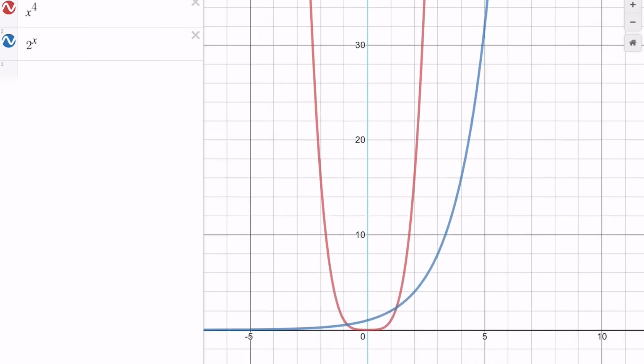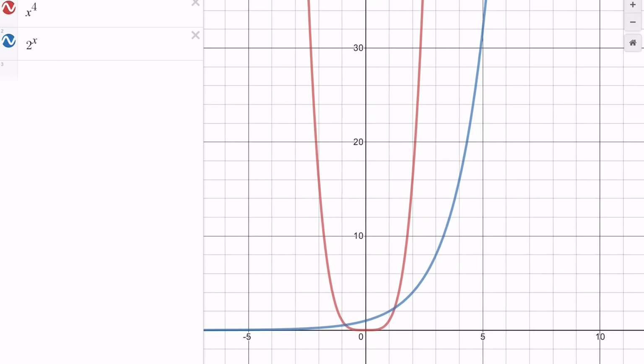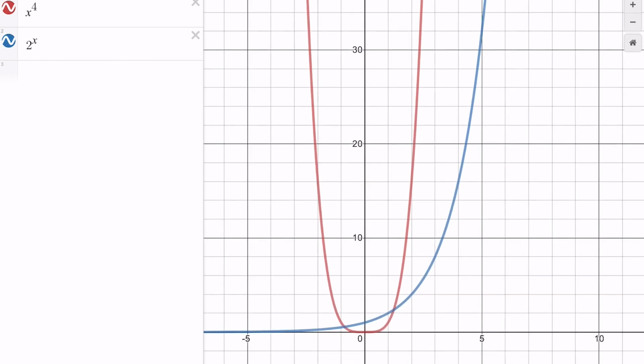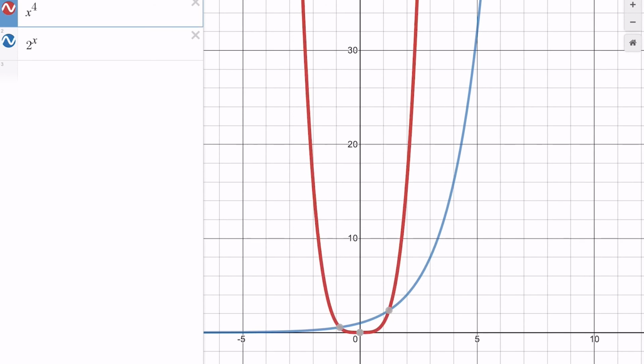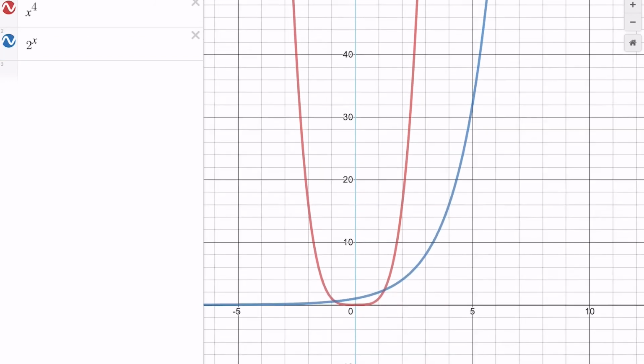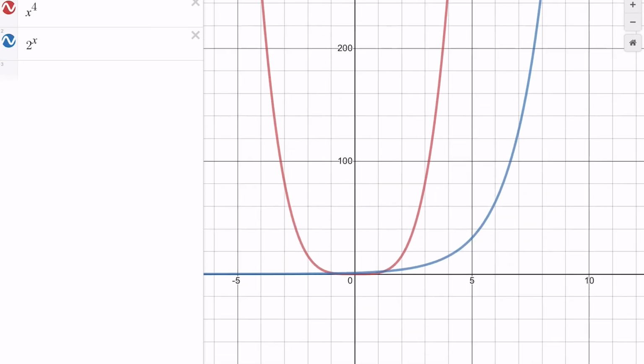Look at this. I mean, hello, x to the fourth is already at 20 when this one is at about 2. And for this one to get up to 20, it takes double the amount of time. It's at like 4. And then we're going to start to zoom down here.